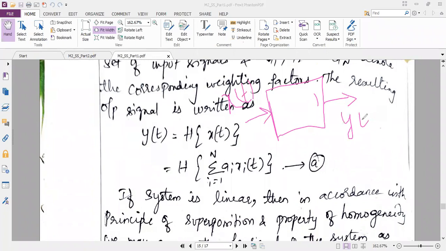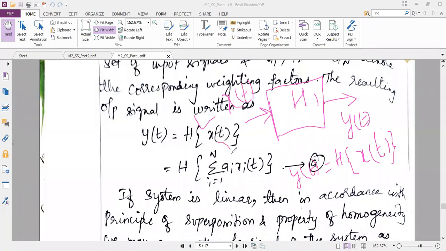If the operator is H inside the system, then if I perform the operation H on x of t, I will get the output y of t. H is performing the operation on the input signal so that I get the output y of t. The same thing I have written in the equation: y of t is equal to H of x of t.